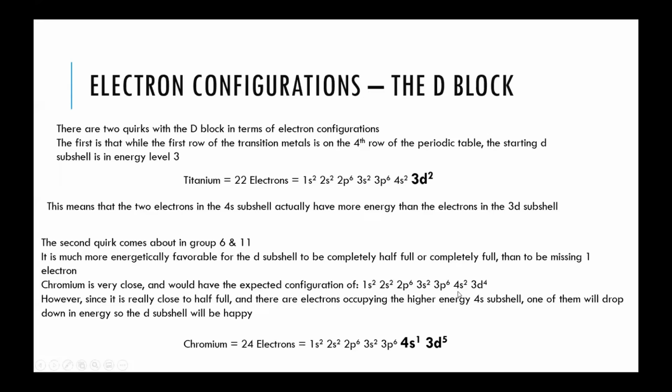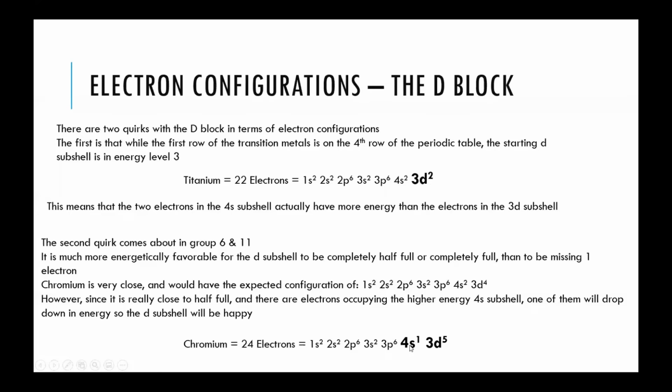And because the 4s electrons are technically a higher energy than these 3d electrons, one of these electrons can fall back down into the 3d space. So that means that this is now the lowest energy level.